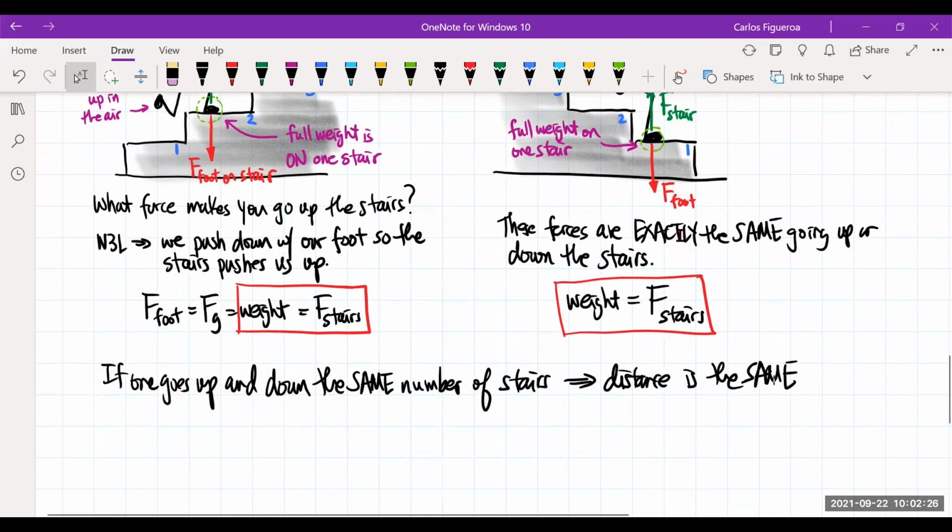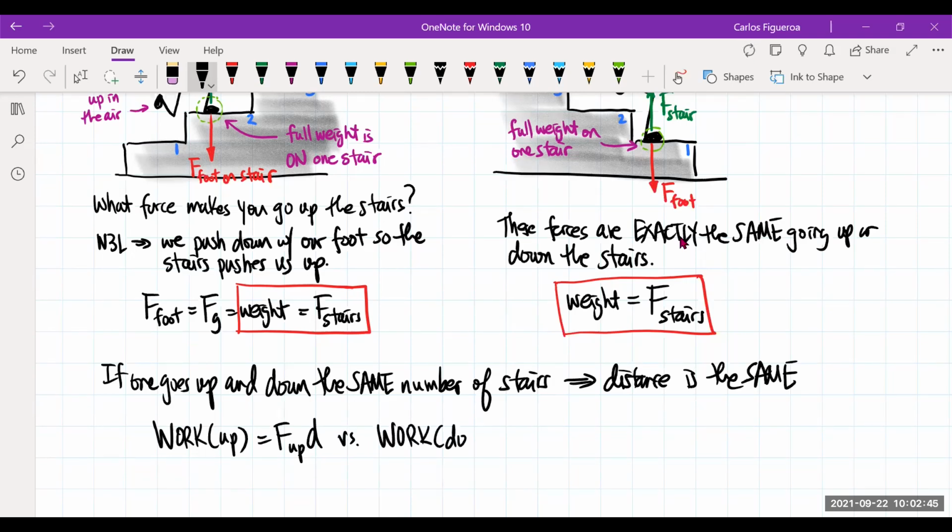So what you're finding here is that the work going up, which will be the force going up times the distance, versus the work coming down, well, that has to be the force down times the distance, exactly the same.